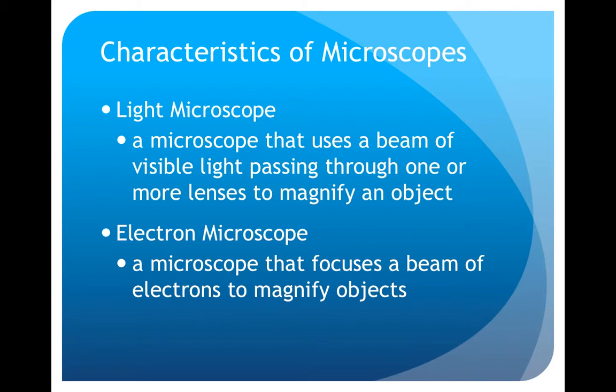The microscopes that we use, there's a lens that you put your eye up to, and then there's a lens that you can switch and change the power. So that's our two lenses that we use here at school. The electron microscope, same thing, but it uses electrons to magnify objects instead of lenses and light.